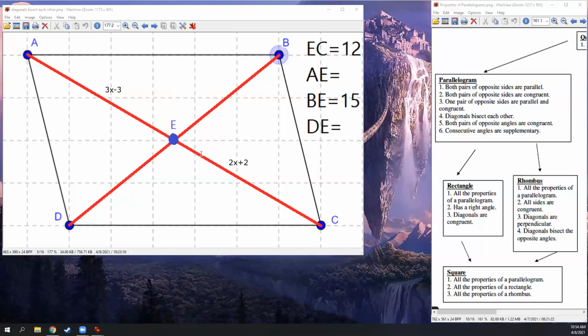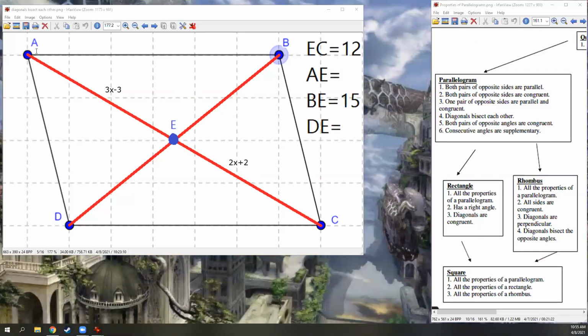So if EC is half and AE is the other half, and they're equal halves, then they're equal to each other. 2x plus 2 equals 3x minus 3. From there, we just solve, right? I always like to move the smaller x, so I don't have to deal with negative variables, because that's miserable.